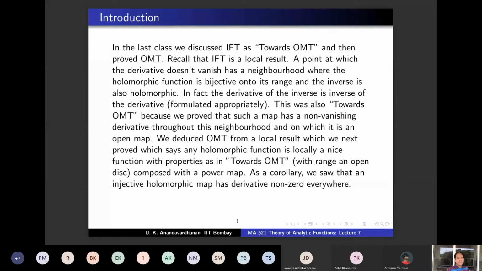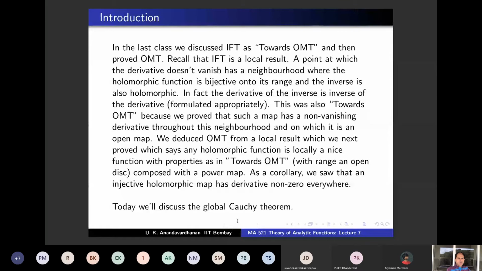So it has a 0 of order at least 2, and therefore from the proof it follows that the map is at least 2 to 1, contradicting injectivity. So an injective holomorphic map has derivative non-zero everywhere. And we also saw that the converse is not true, like e power z. Its derivative is e power z itself, which is non-zero everywhere, but it's periodic, so it's not 1-1. It's locally 1-1.